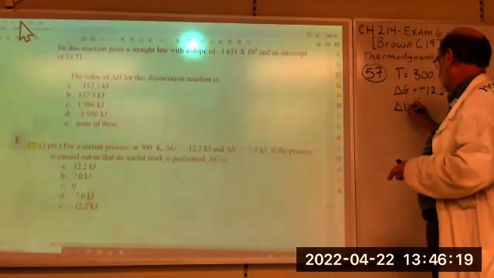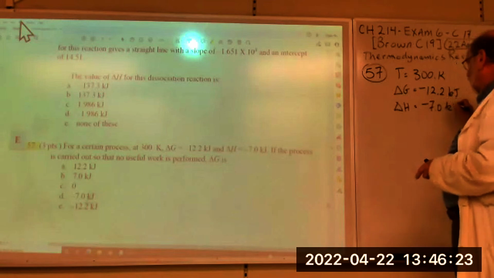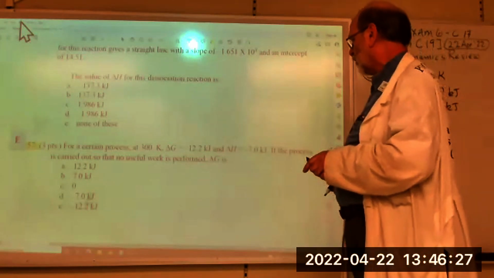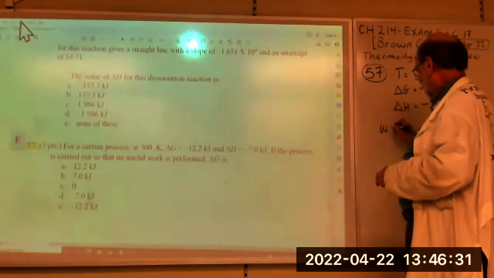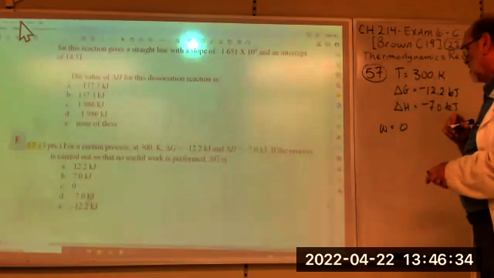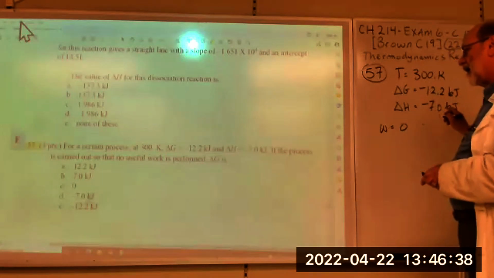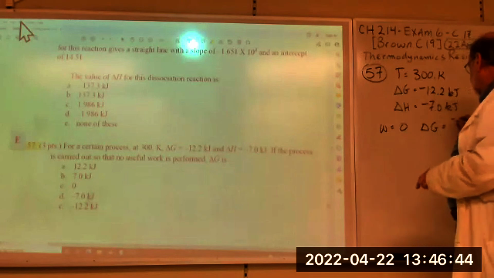Delta H is minus 7 kilojoules. If the process is carried out so that no useful work is performed, delta G is what? If work is 0, what is delta G? Delta G equals what?